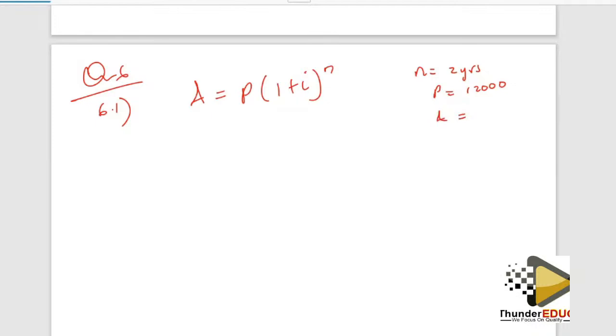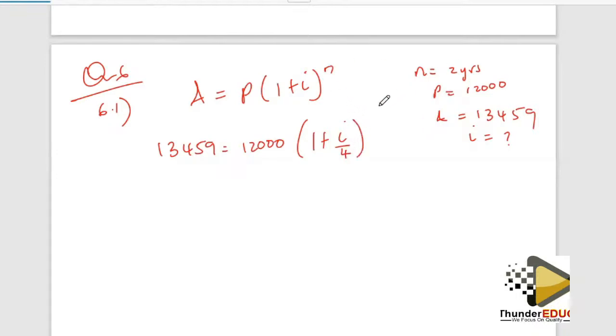Our A, the accumulated value, is 13,459. We need the i. So 13,459 is equal to 12,000 times 1 plus i over 4, because we are compounding it quarterly. And then the exponent is 4 times 2, which gives me 8, so that I have 8 quarters in total.